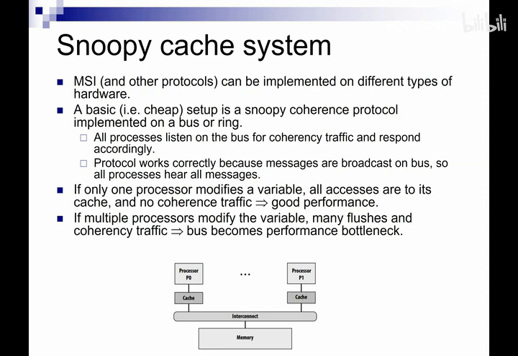All of these flushes and all of these bus messages are going to get sent onto the interconnect, and so you're going to have a lot of traffic on the interconnect, and the bus will become a performance bottleneck. So the cache is going to work well if only one process tries to modify the variable, but you're going to get clogged up on the bus if many processes are making concurrent modifications.